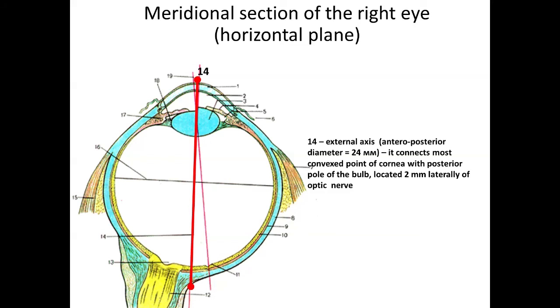This diameter connects the most convex points of the eye bulb. One is the anterior pole point of the cornea, and another is the posterior pole of the bulb, located 2 millimeters laterally from the optic nerve.